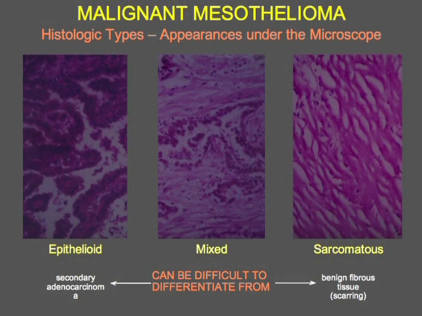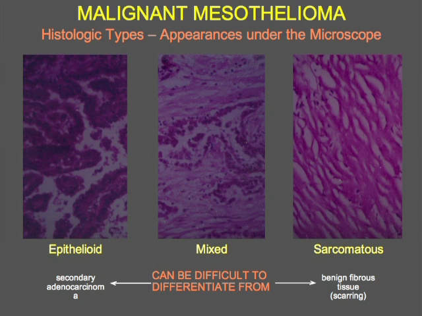I think what I wanted to emphasize in this next slide is the difference in prognosis between these different types of mesothelioma. And I think it's very important that patients are aware of this and something that they must ask their doctor: what type of mesothelioma is this?